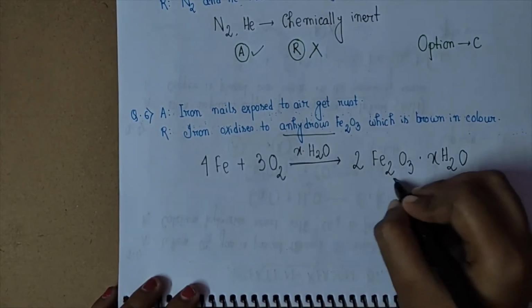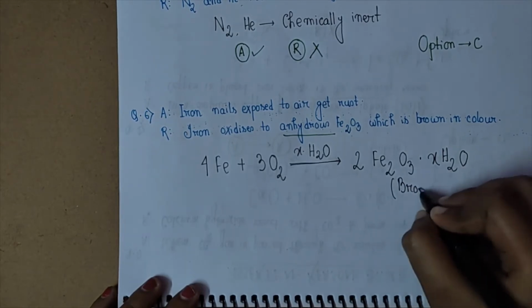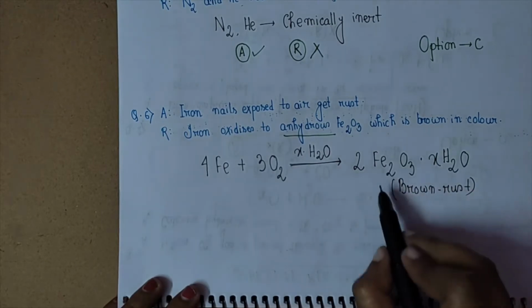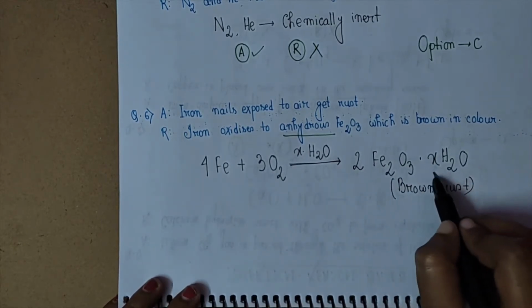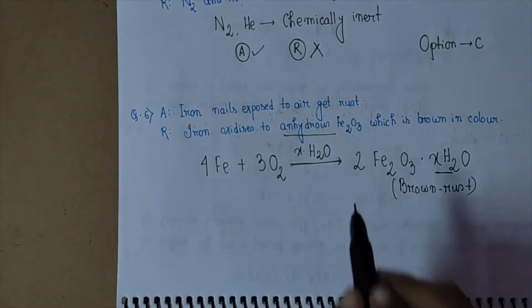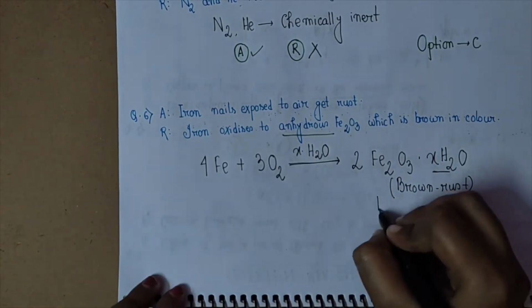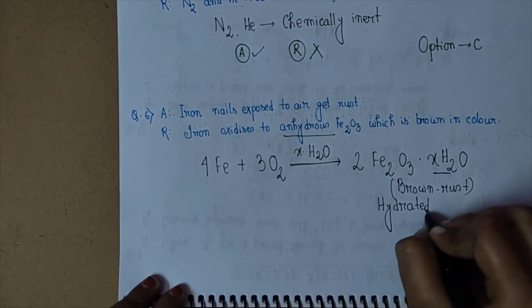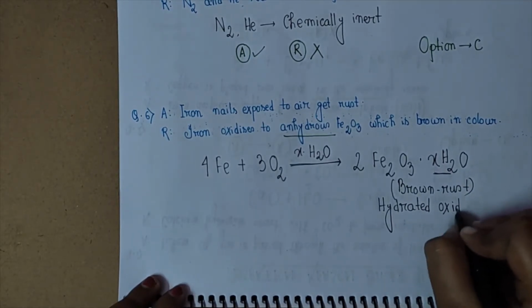This is nothing but the brown colored rust. As you can see, in this formula of rust, x molecules of H2O are there. That means this is the hydrated oxide of iron, not the anhydrous one. Okay, so here what is given?